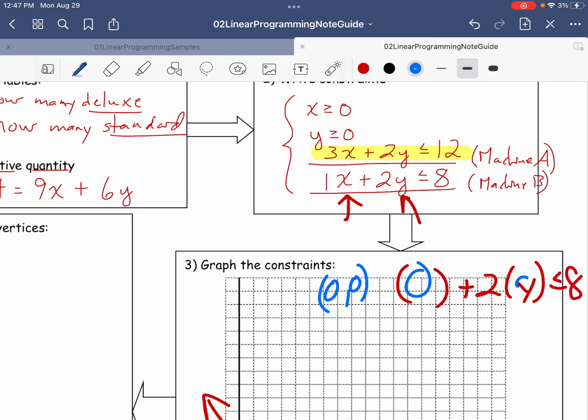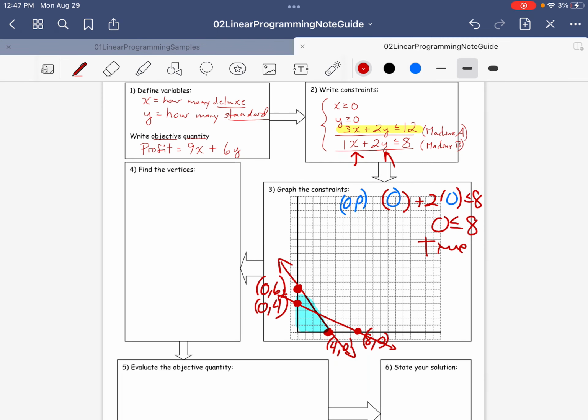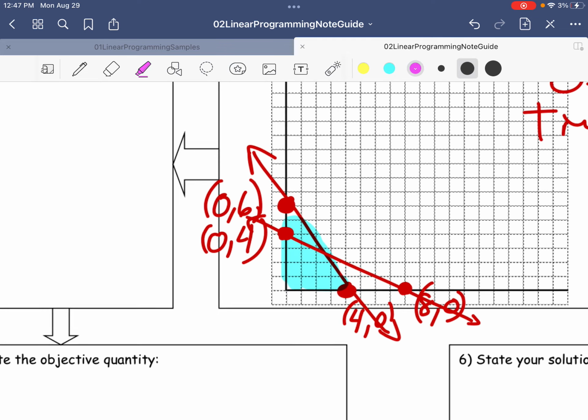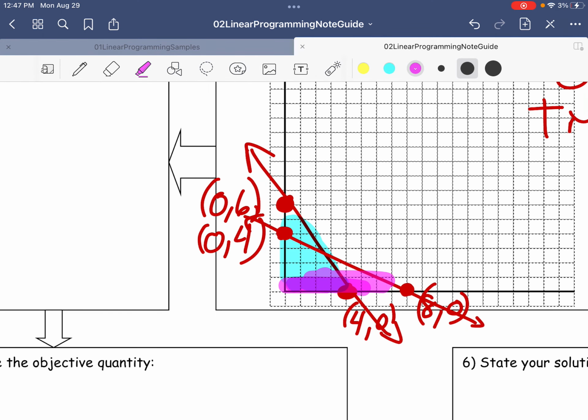The nice thing about plugging in the test point 0, 0 is that it makes all of your equation equal 0. And is 0 less than 8? Indeed it is. Now remember, because that's a true statement, that means that we're going to shade on the test point side. So we actually end up shading on this side of that boundary line.